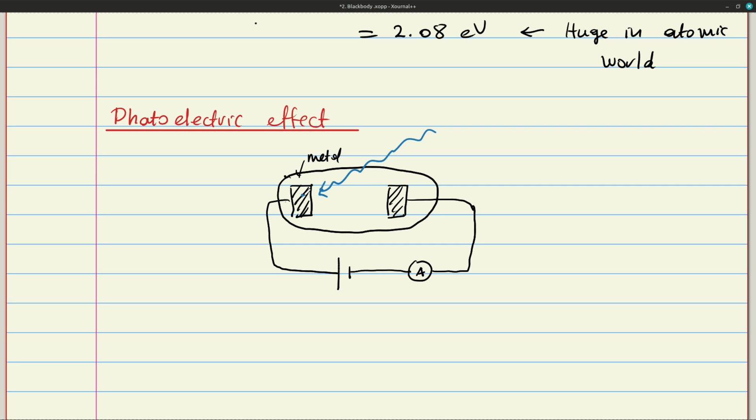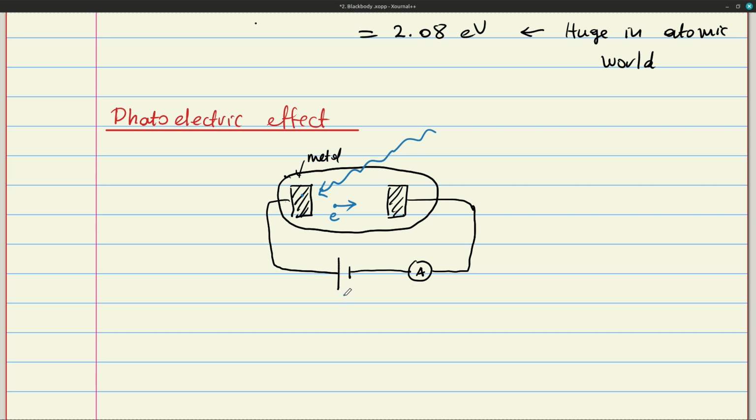Electrons go out, right? This is e. And as a result, you are going to read a current. Light comes in, electrons go out, but a flow of electrons is a current, so there must be a resulting current. But how many electrons are moving? How many electrons do I have?